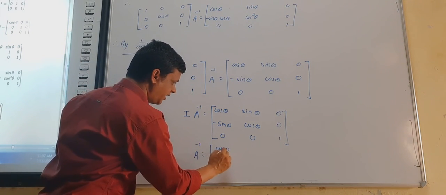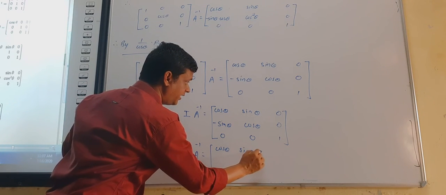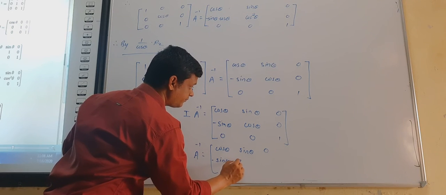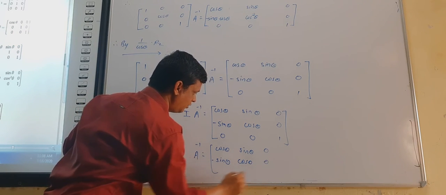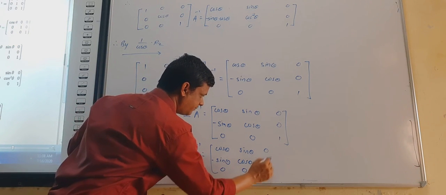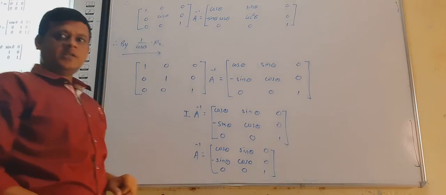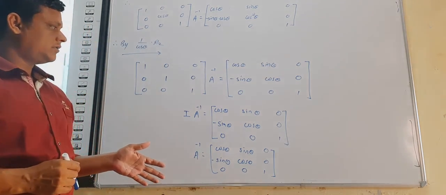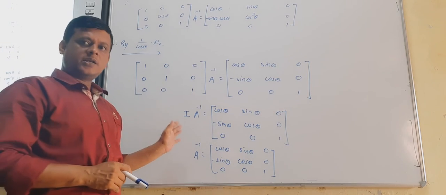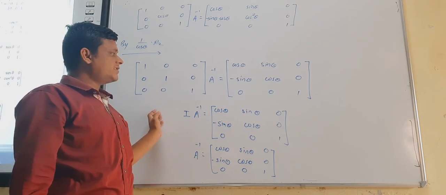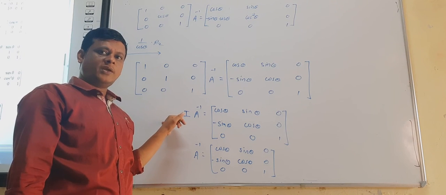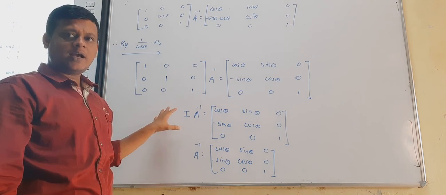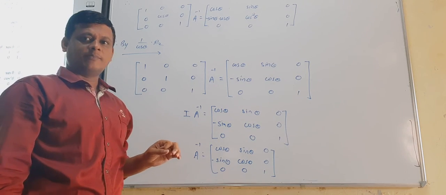Therefore A inverse is cos theta sin theta 0, minus sin theta cos theta 0, 0 0 1. In this way we calculate the inverse of the given matrix, though the elements are trigonometric ratios. That means in such types of problems we have to apply the identities or double angle formulas in some examples.